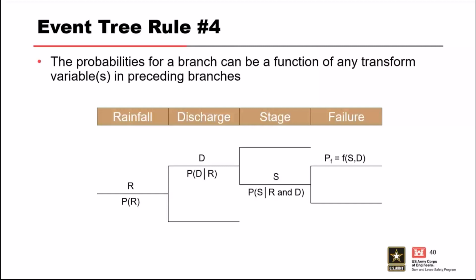So perhaps we're looking at a dam conduit where the outflow is large enough to overtop the training walls and leads to erosion and slope instability. Then the only way that slope instability results in a breach is for the pool to be up and for the slide to be large enough to lower the dam crest below the pool. So failure in that instance is a function of both stage and discharge.